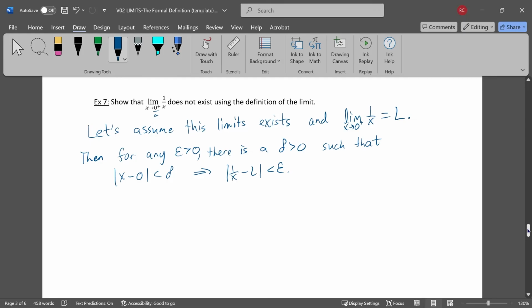Okay, but if that's true, let's see what would happen. If the absolute value of 1 over x minus L is less than epsilon, that means 1 over x minus L is between epsilon and negative epsilon, which would imply that 1 over x is between L minus epsilon and L plus epsilon.